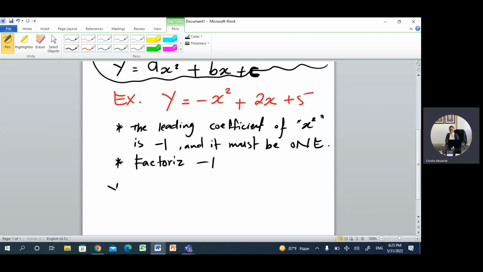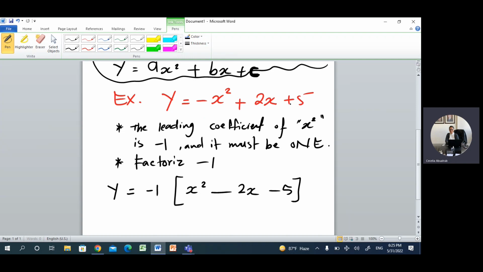So it will be y is equal to, if I get the -1 out, open a squarish bracket. So this will be x squared minus 2x minus 5. If you insert the -1, it will be negative x squared plus 2x plus 5.